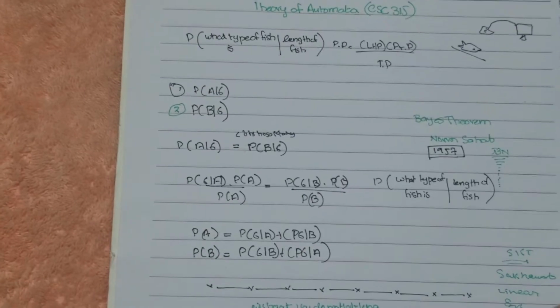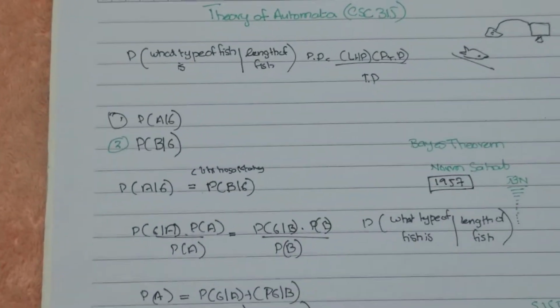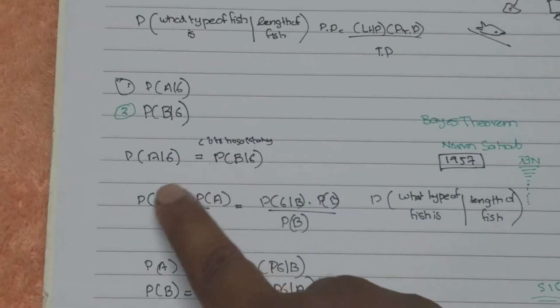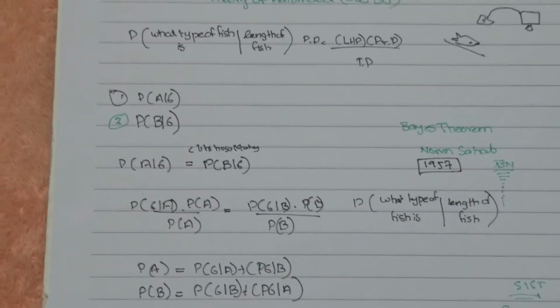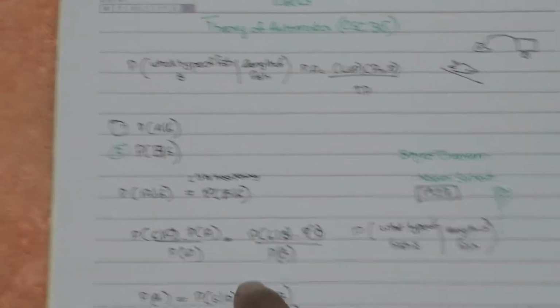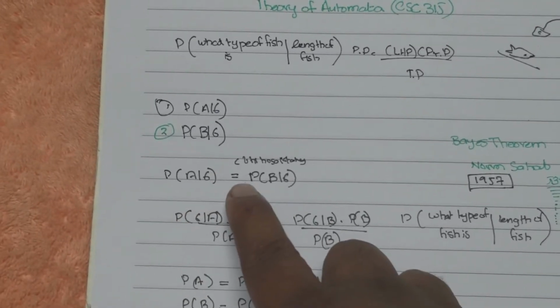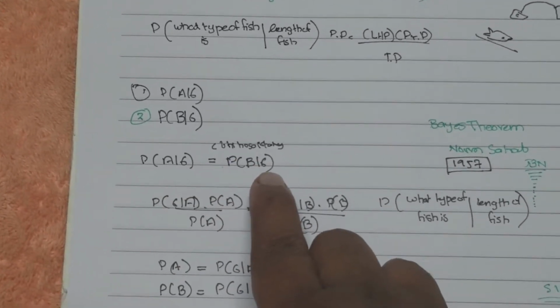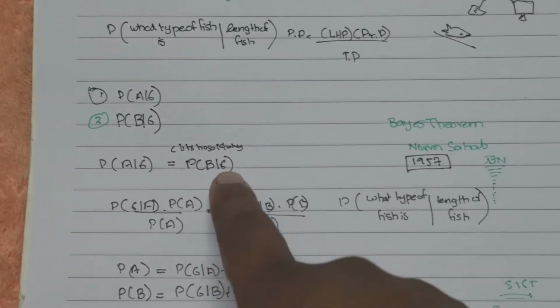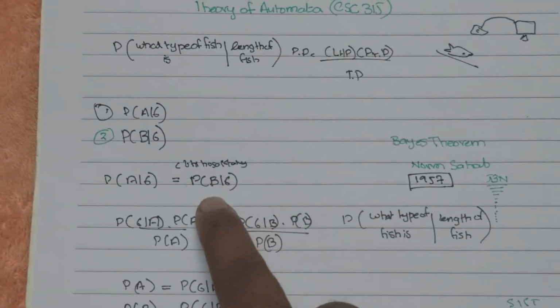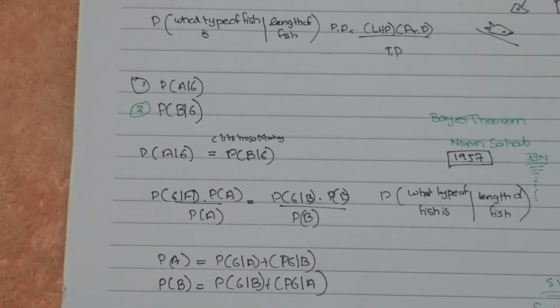So what we have over here is the probability of fishes of 6 centimeters in type A, which equals the probability of fishes of 6 centimeters of type B. In computer we represent this formula like this. So how are we going to solve this?